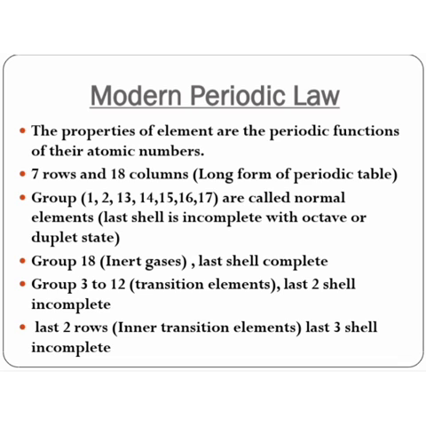What does the third point say? Groups 1, 2, 13, 14, 15, 16, 17. Remember, children, these groups are called normal elements. Their last shell is incomplete with octet or duplet state, because they fail to attain the octet or duplet stage.